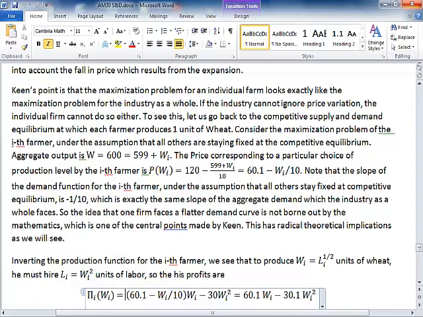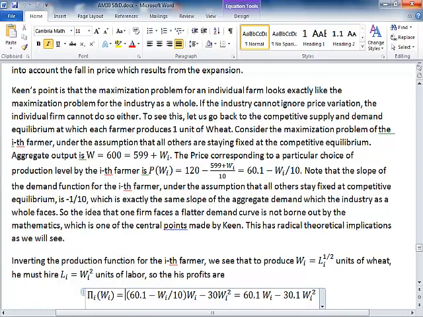But if this is true for one farmer, it is true for all farmers. And if all farmers raise the price by about, I calculated, 2 parts in 1,000 in this situation, they will all make a little bit more profit. But now suppose everybody is doing this, and the total output will go down from 600 to 599. It's only a very small change.